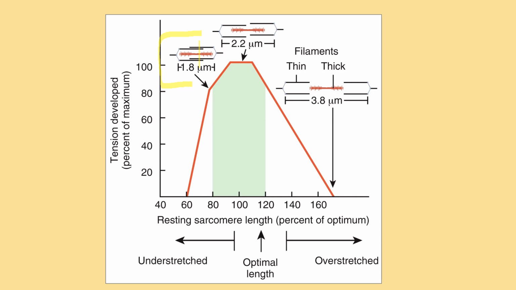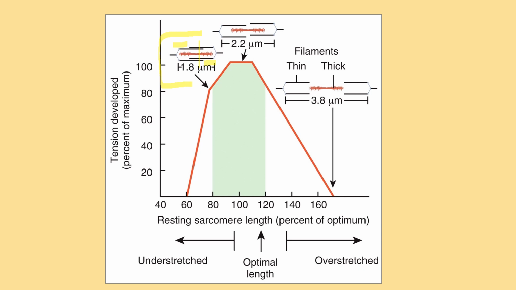There's less opportunity for those thin filaments to be grabbed by the thick filament. The myosin heads have less opportunity to grab onto actin. And because the sarcomere is already in a shorter position, there's less room for that accordion-like movement for this sarcomere to get even shorter.